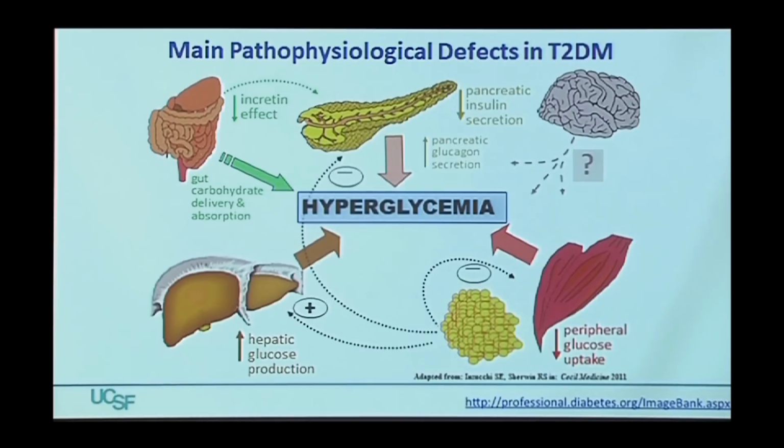And then finally, we're learning that there are probably some centrally mediated effects that also affect our pancreas's ability to release insulin and our body's sensitivity to insulin. So keeping this in mind, I'm going to talk about how all of the medications work. And they work in different ways to help with these defects that we see.